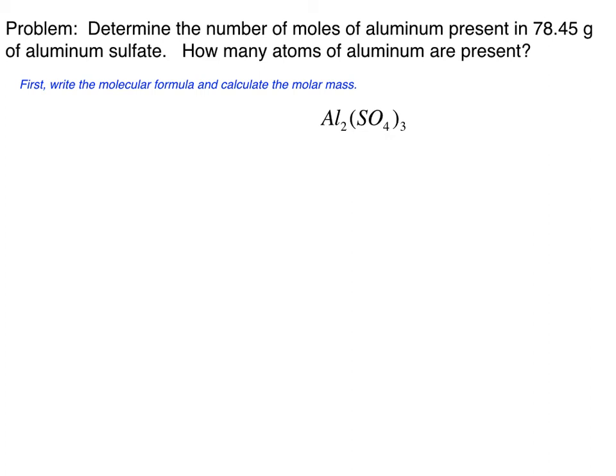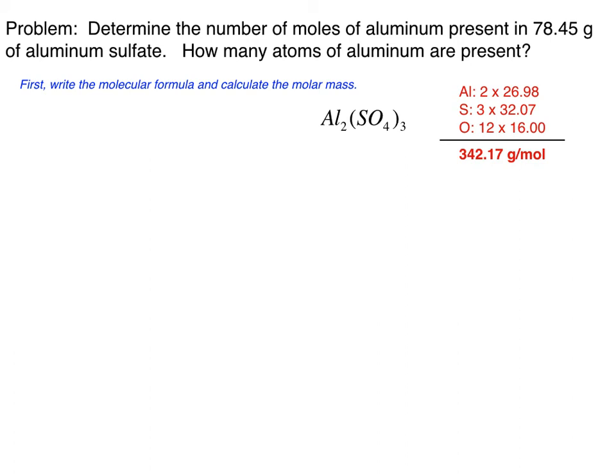To get the molar mass of this, we're going to have to add up all of those atoms collectively. When I did this, there's 2 aluminums, each at 26.98 grams per mole. There's 3 sulfurs at 32.07 grams per mole, and there's 12 oxygens at 16 grams per mole. So I got a molar mass of 342.17 grams per mole.